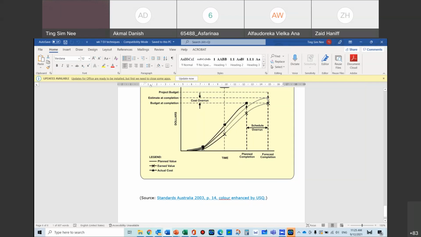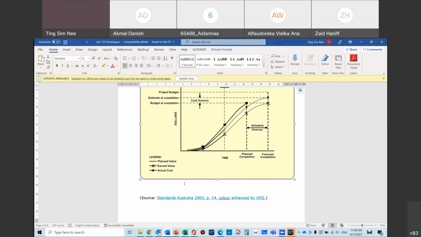Then on the month that you are cutting off, you need to count your AC and your EV. Your AC is the actual cost, the actual money that was paid to you as a contractor, and EV is the budgeted cost of the work performed, meaning that if you only performed 70%, what was the original budget that was given at 70%?